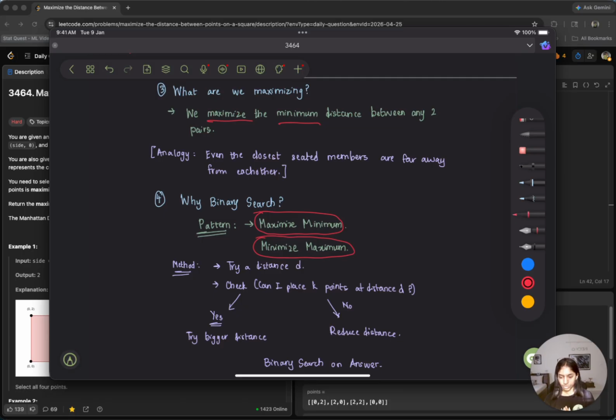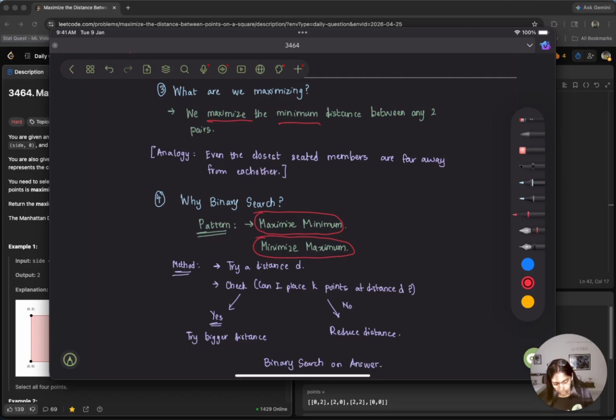So you know that when you're trying to minimize or maximize something, you are dealing with a continuous stream of numbers, which are preferably sorted, always sorted. So when you are dealing with that stream of numbers, you know that you could go on trying to optimize the way you find that right answer. So binary search on the answer itself.